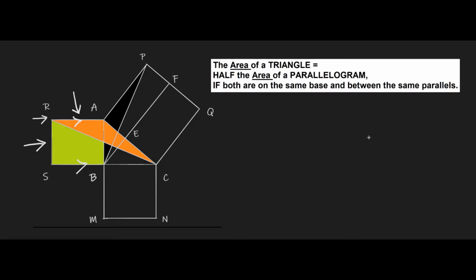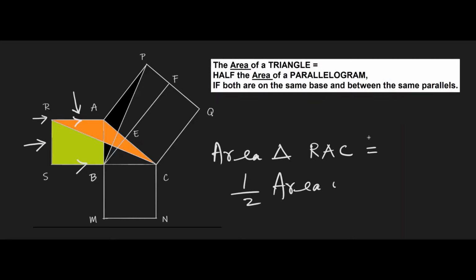So that means the area of the triangle RAC is equal to half the area of the square RABS, because we know that the area of a triangle is always half the area of a parallelogram if both are on the same base and between the same parallels.